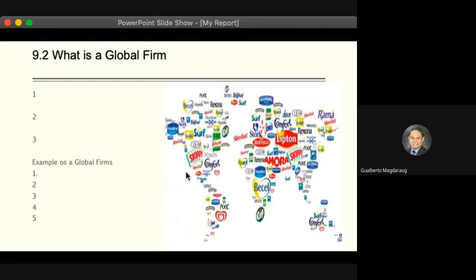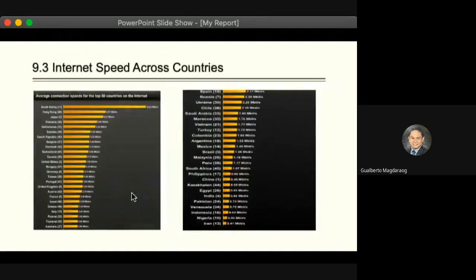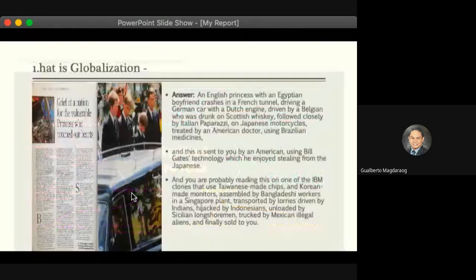So I wanted to give credit to Ma'am Olive. Okay, so maybe itong part ng slides na tong ang mag-explain sa atin what is globalization or what is a global competition.